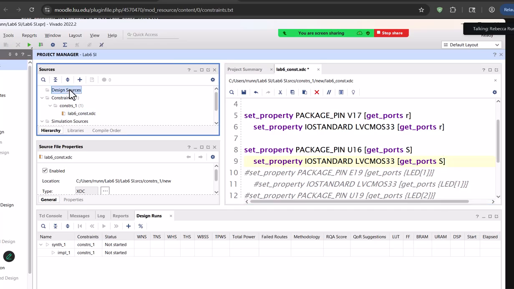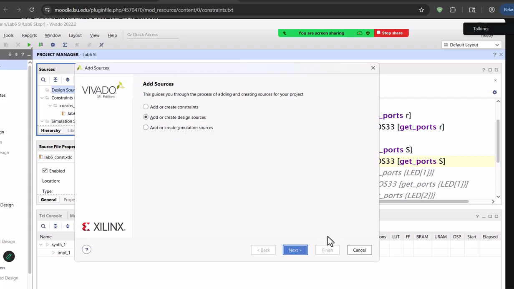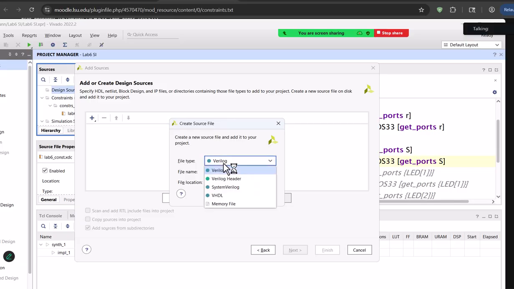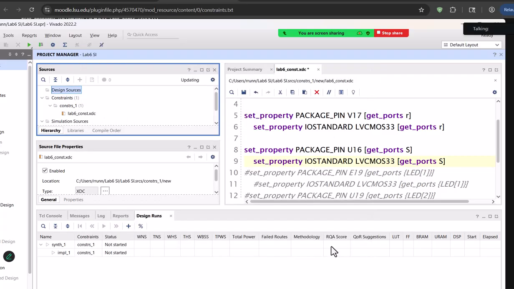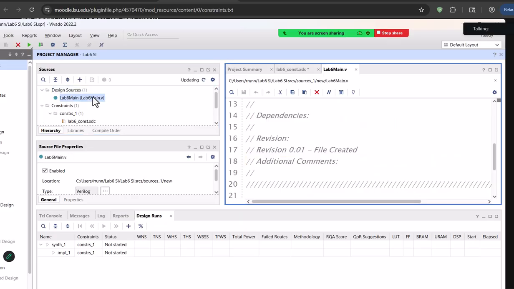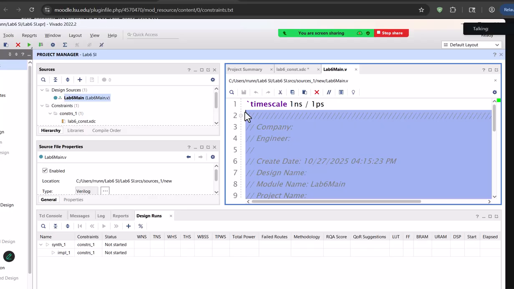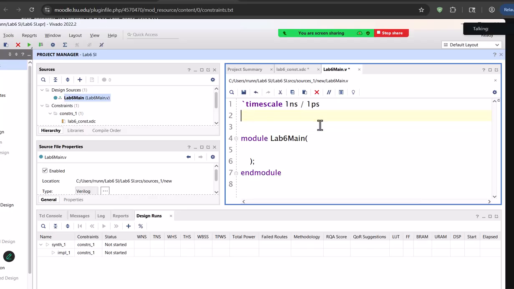Alright, so now I will add our design source. Okay, so I will have my inputs.